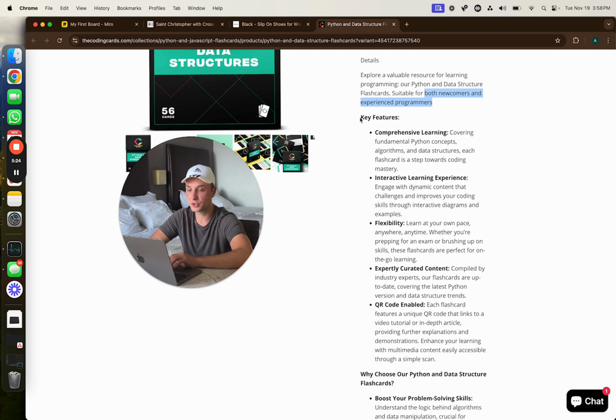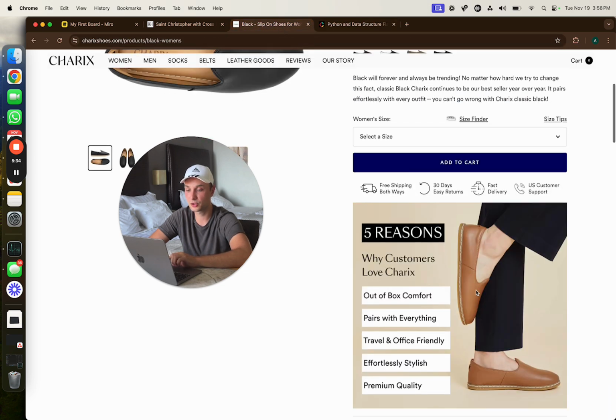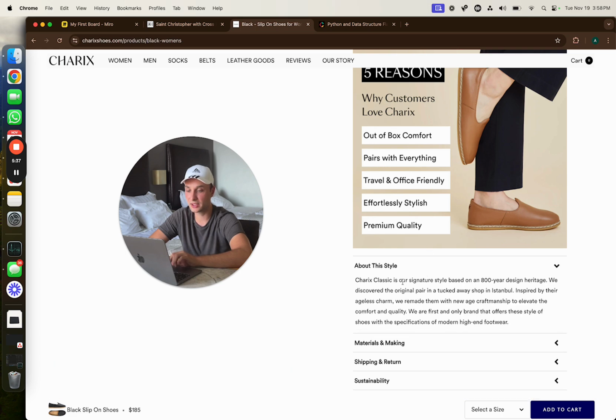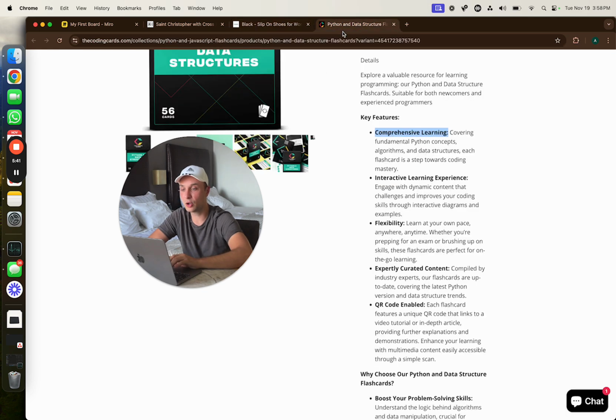Then key features. Why would you have the key features laid out in such a long way? What you could do is say comprehensive learning, put it in a so-called accordion, and if someone is interested in that specific selling point, they can open it and learn more about it. No questions asked. I might not be interested in this one, this one, or this one.